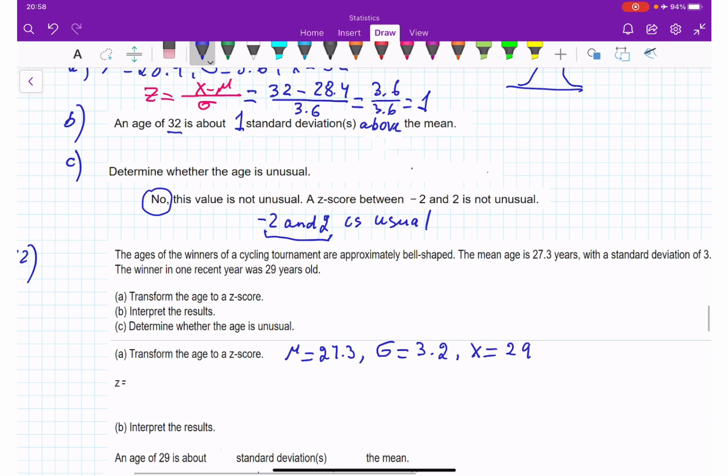All right, so z-score again is equal to x minus mu divided by sigma, which means x is 29 minus 27.3, and divided by sigma 3.2.